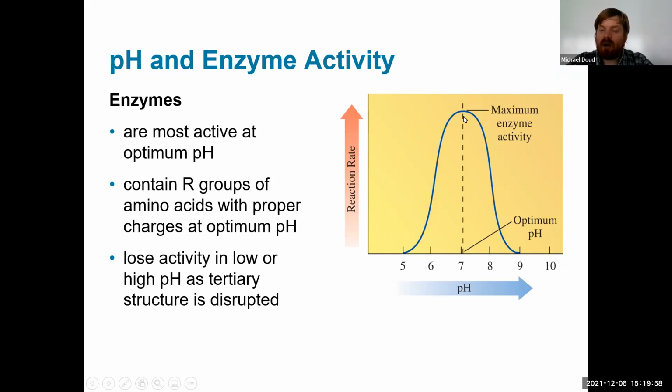So our enzymes operate at an optimum pH, and that pH can change based on the location of the enzyme. For example, certain enzymes need to react in our stomach acid, and their optimum pH is very low, something like 2. But in our blood, our pH is around 7.4, and sure enough, that's exactly where our maximum enzyme activity is taking place.